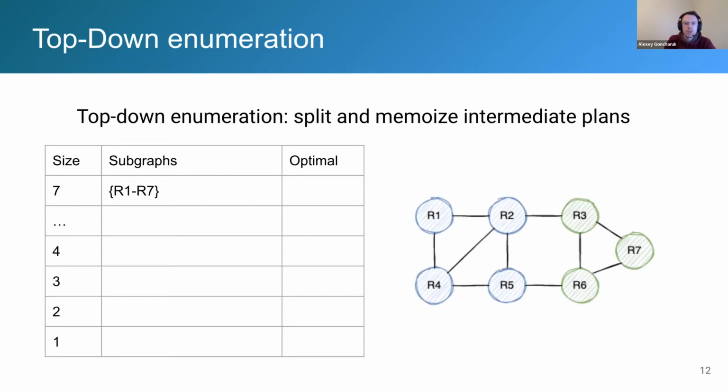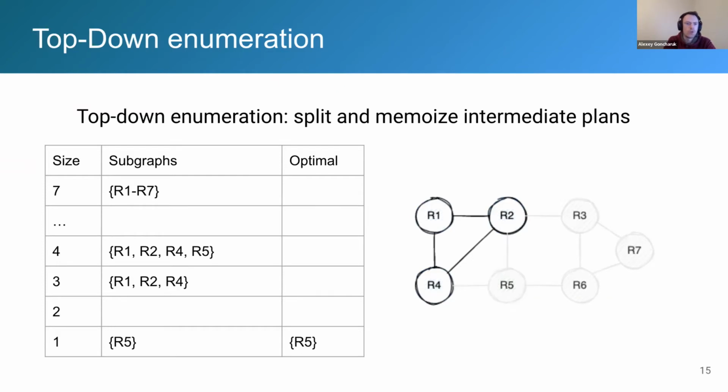Then we recursively descend into each of the parts of the graph and memoize the decisions that we have already explored in the dynamic programming table. We further split, for example, this graph into 3 and 1, and since there is only one order for one table, we immediately memoize R5 into the dynamic programming table or the memo.